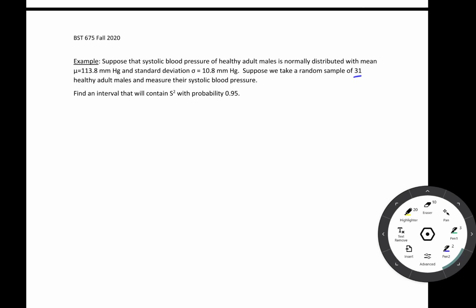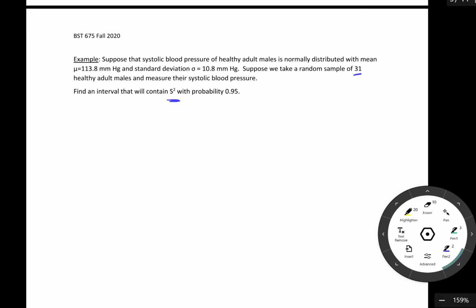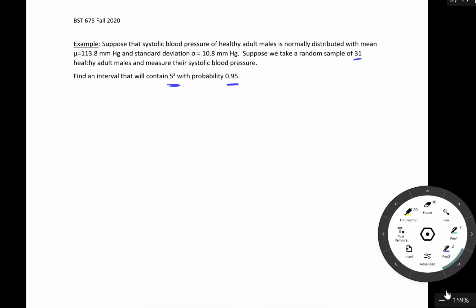We want to find an interval that will contain s squared with probability 95%. So in other words, we're not finding an interval for the mean, we're now finding an interval for the variance. And so we can actually use that distribution that we just saw to help us do that. So the idea here is we want the following.